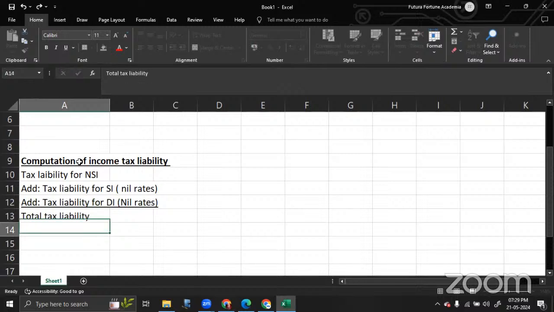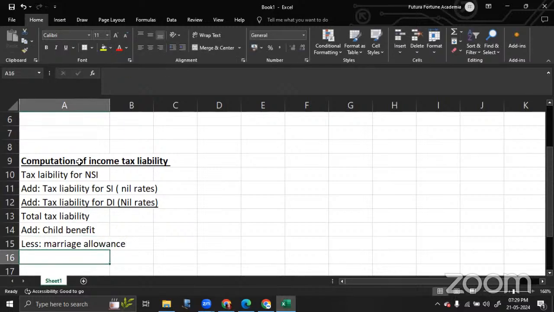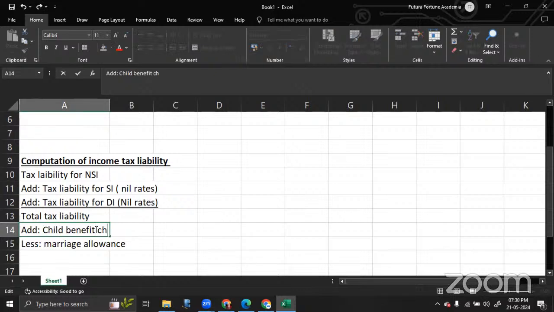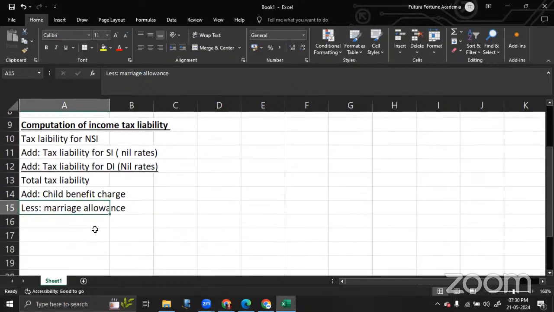From this total tax liability, you will have to add child benefit charge if there is one, partial or full. You will have to deduct marriage allowance if there is a chance of it, which is very rare. Child benefit charge and marriage allowance both don't come together in a single question.